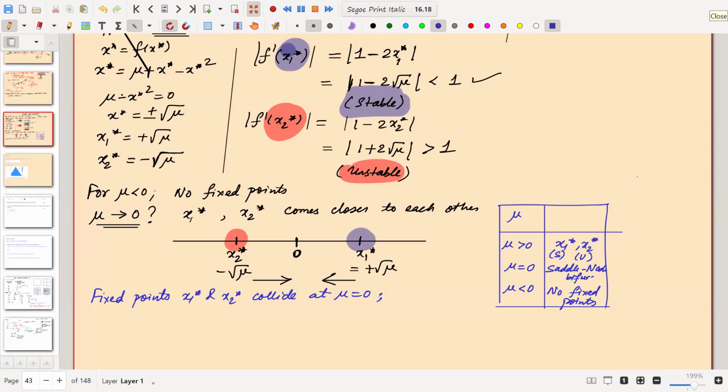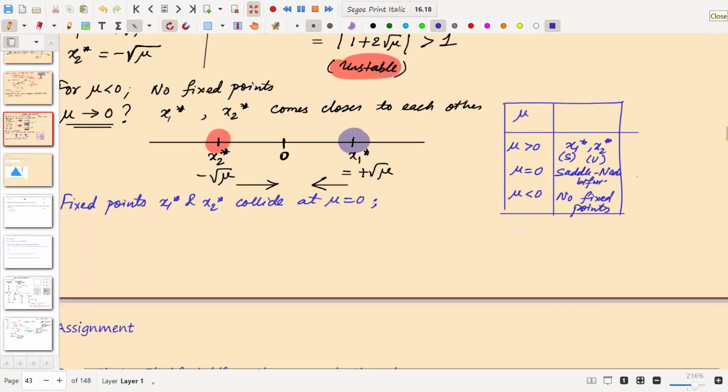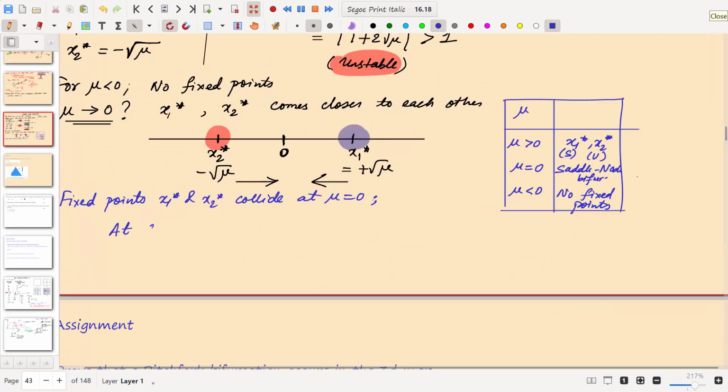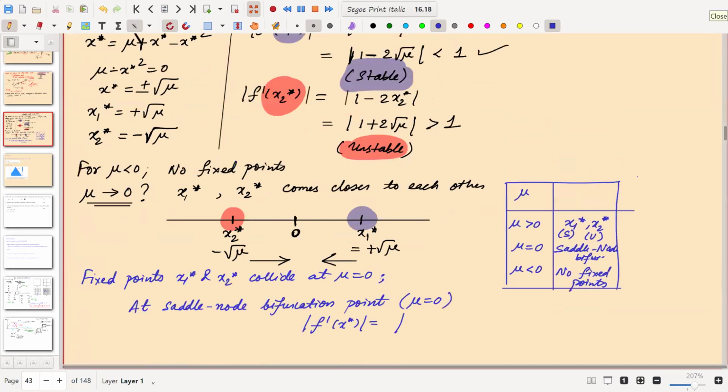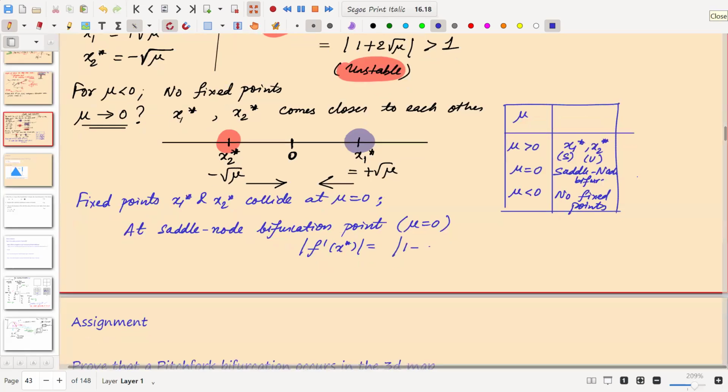So can we compute the value of the derivative at mu equal to 0? At the saddle node bifurcation point, that is mu equals 0, what is the derivative of this? Can you tell me? It is 1 minus 2, any value you take.